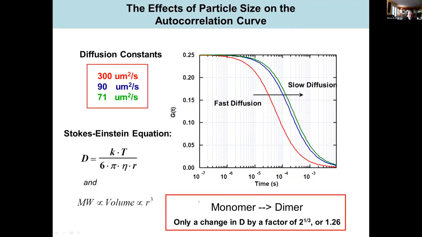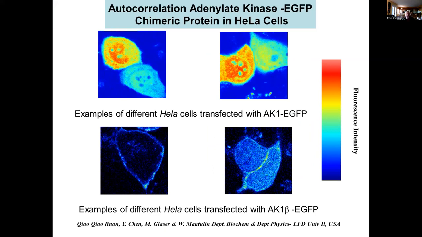So let us see some data and how it happens. This is one of the early experiments that we did, in which we have a cell expressing a protein, adenylate kinase, fused with EGFP. So the fluorescence here is due to GFP. Those are one field, and those are another field, and the difference between the two cells is simply the level of expression.